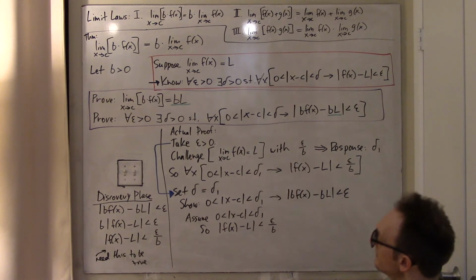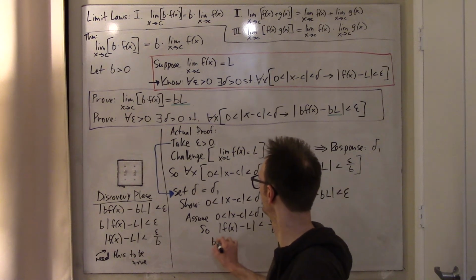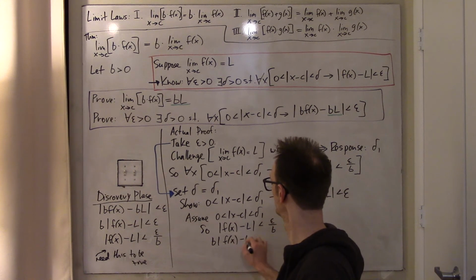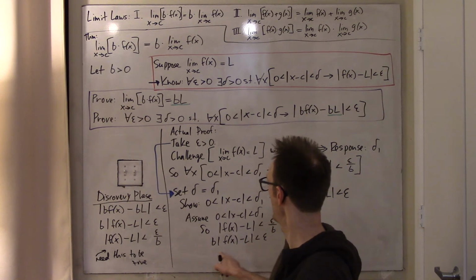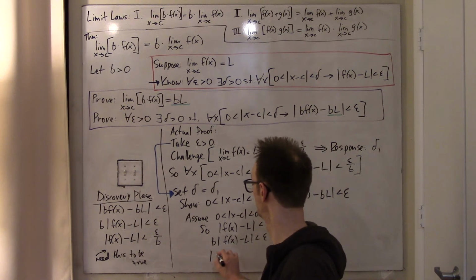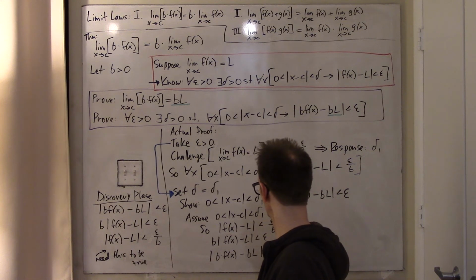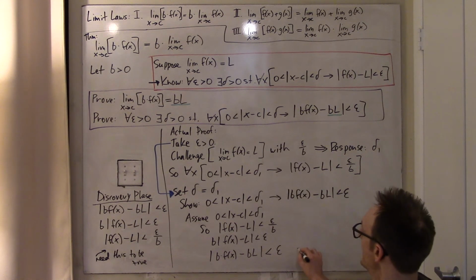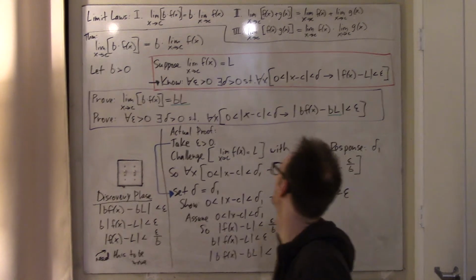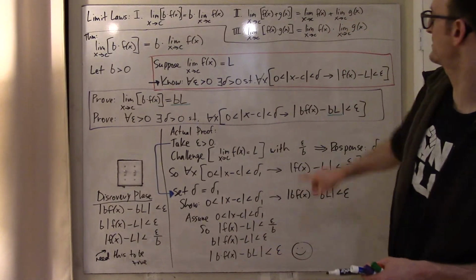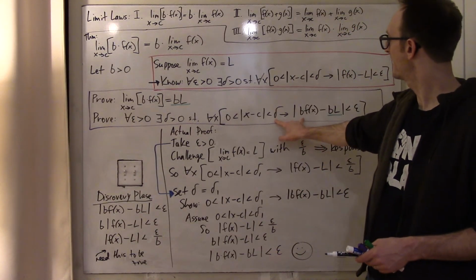And now I just multiply both sides by b, distributing the b through. And in fact, I am just done. This completes the proof. In other words, I have just established this conditional.